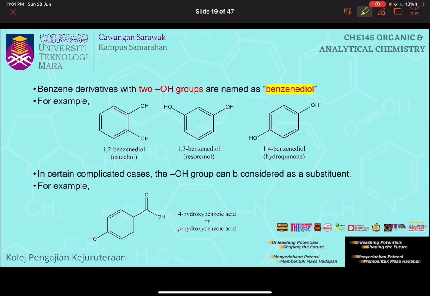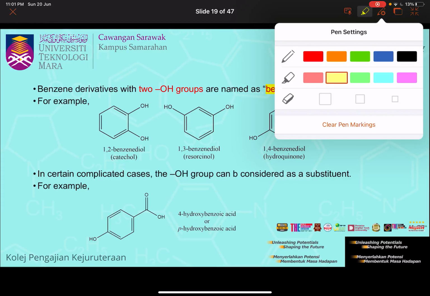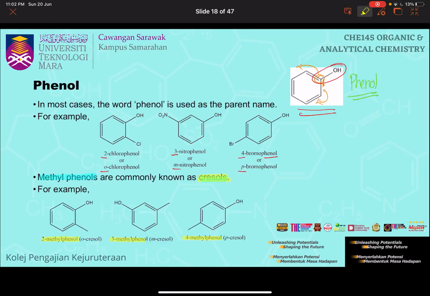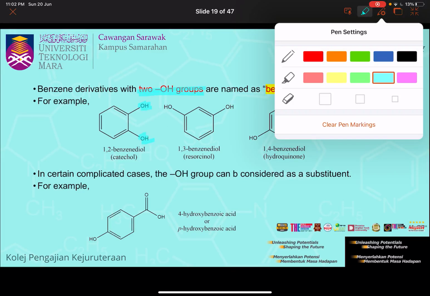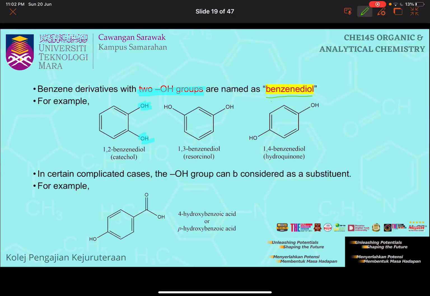Now for benzene derivatives with 2. Just now, there was only 1 OH attached. If there are 2 OH groups like this one, then the name is benzene diol. There is still no such thing as benzenol; instead it should be phenol.